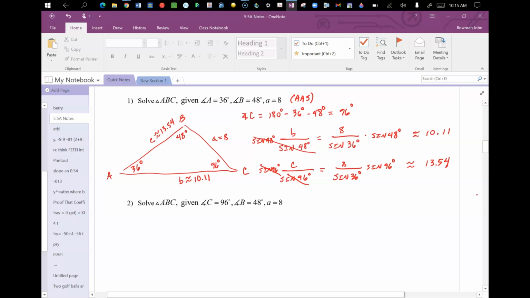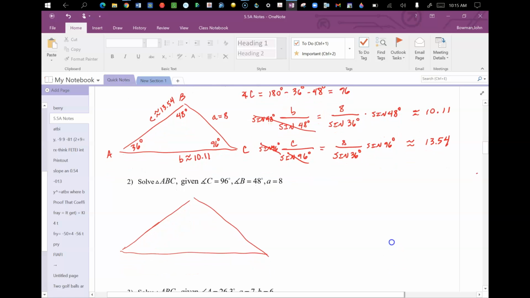So in this next problem, you'll notice that we have much of the same information. We have angle C is 96 degrees. Angle B is 48 degrees, and side A is equal to 8. So the same information we came to find in the first problem, but let's draw a picture of this first and see which of the triangle congruence situations we have.